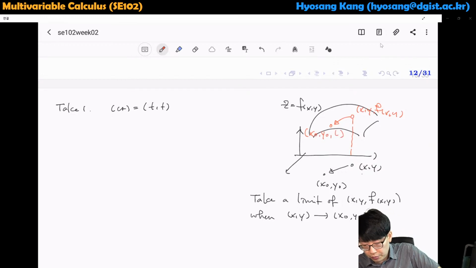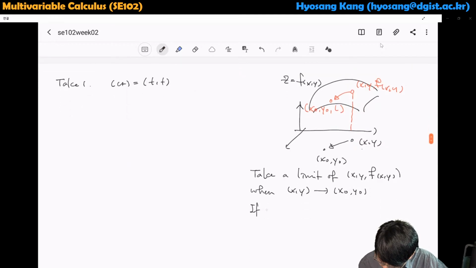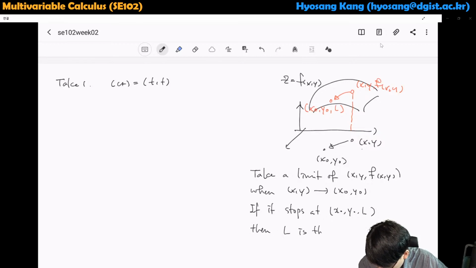If it goes to some point, it will have a z coordinate called L. So if it stops at (x0, y0, L), then L is the limit of f at (x0, y0), okay?